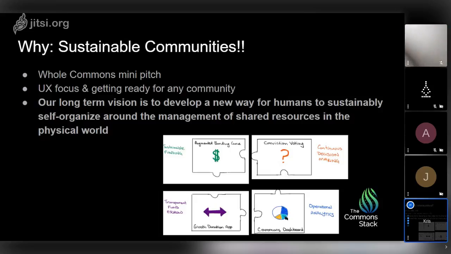We discussed yesterday that we focus mostly on the 4 puzzle pieces, but we also say we're going to have more rounds where we will work on UX and really getting us ready for any community that needs to get sustainable funding. And in the long term, this is going to be for anyone who wants to sustainably self-organize.